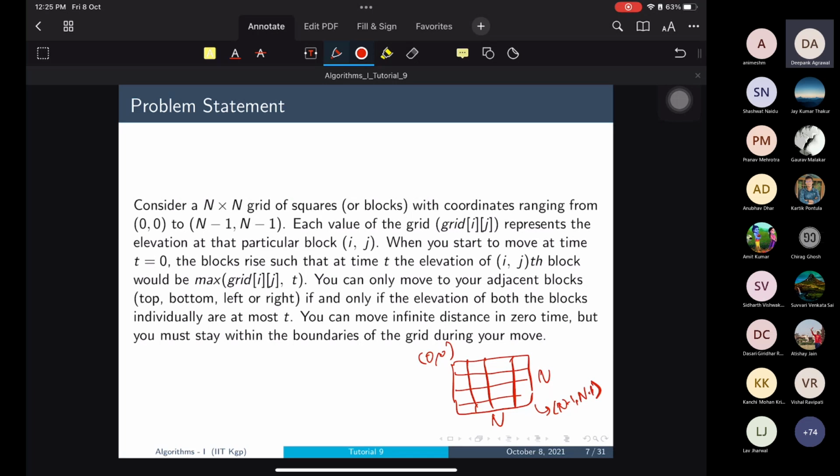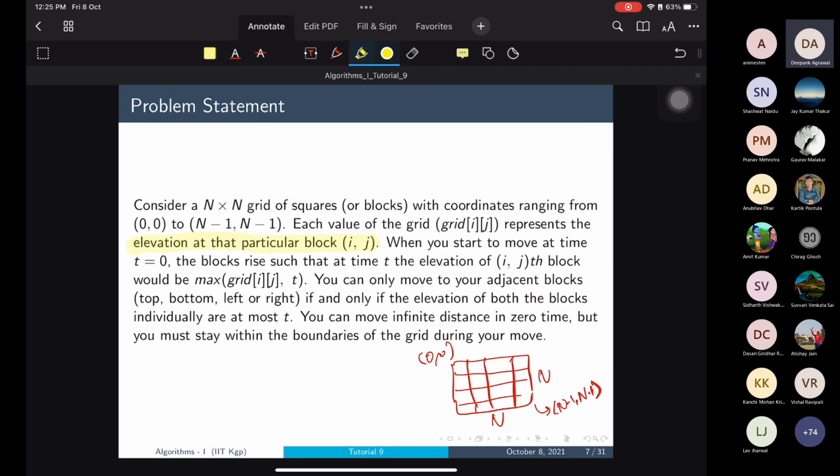Each value of the grid represents the elevation at that particular block ij.